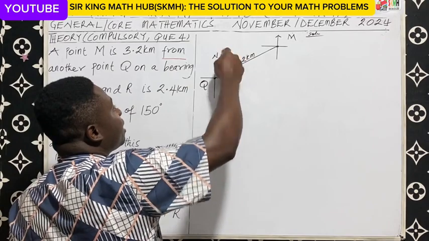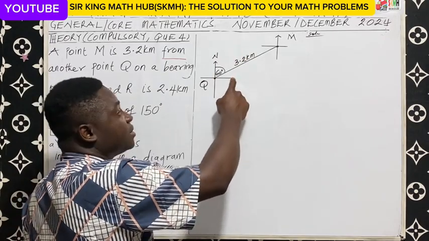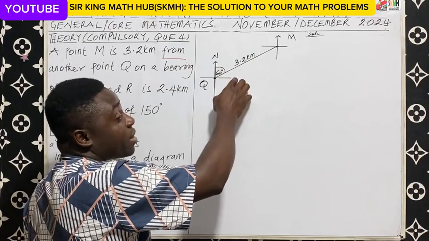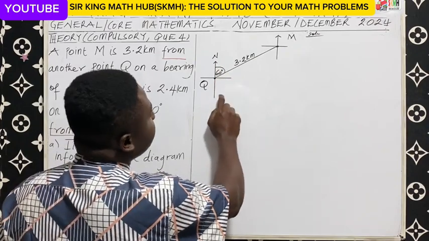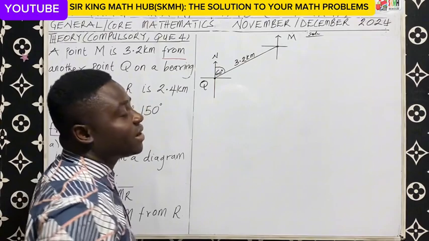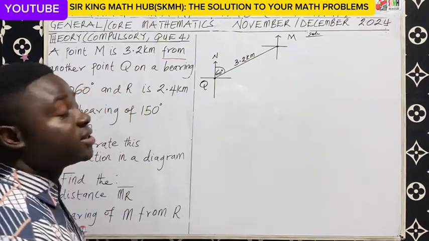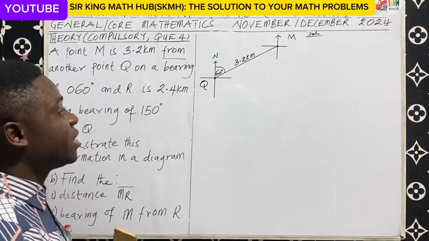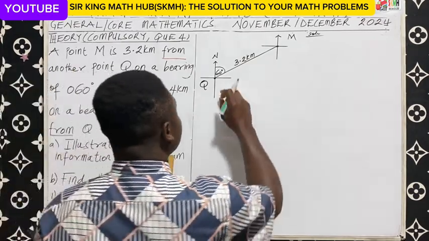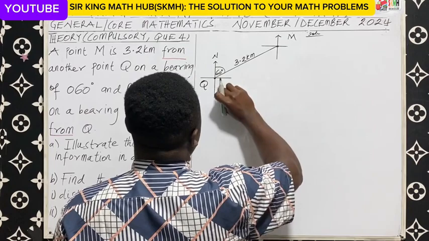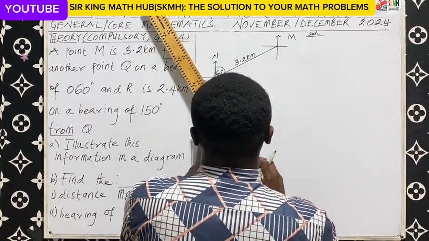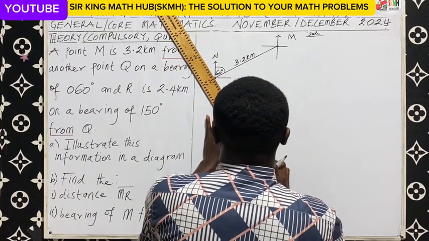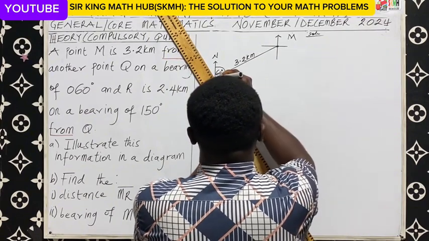So from the geographical north to the east, that would be 90 degrees because it is a quadrant. So 90 degrees plus what angle will give us 150 degrees? So obviously 90 plus 60 degrees will give us 150 degrees. So from this quadrant, we have to measure 60 degrees.